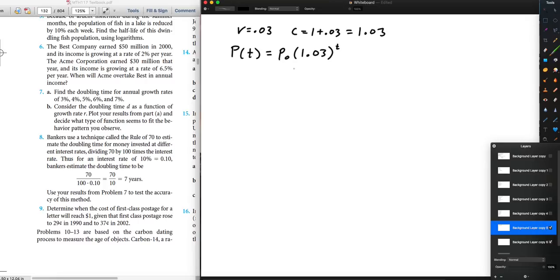The difference here is that we're doing doubling time, not half-life. So that means after how many years we'll have twice P0. So that's 2P0 equals P0 times 1.03 to the t. Divide out P0.